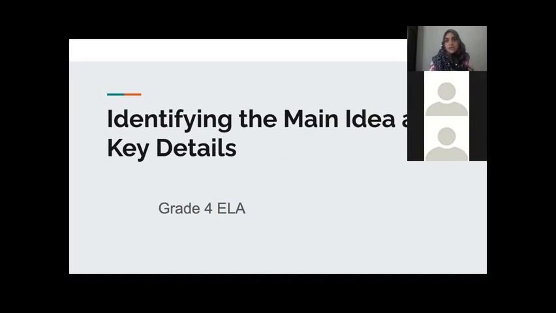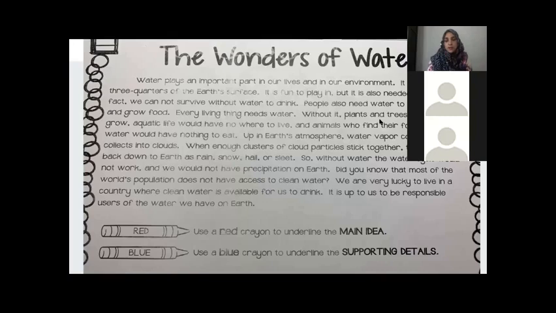But the main idea has a specific place in the passage. It could be in the first sentence, or it could be anywhere in the paragraph, or more likely the last sentence, but mostly it's the first sentence or the second sentence. So now that we know how we identify the main idea, we will work on that.